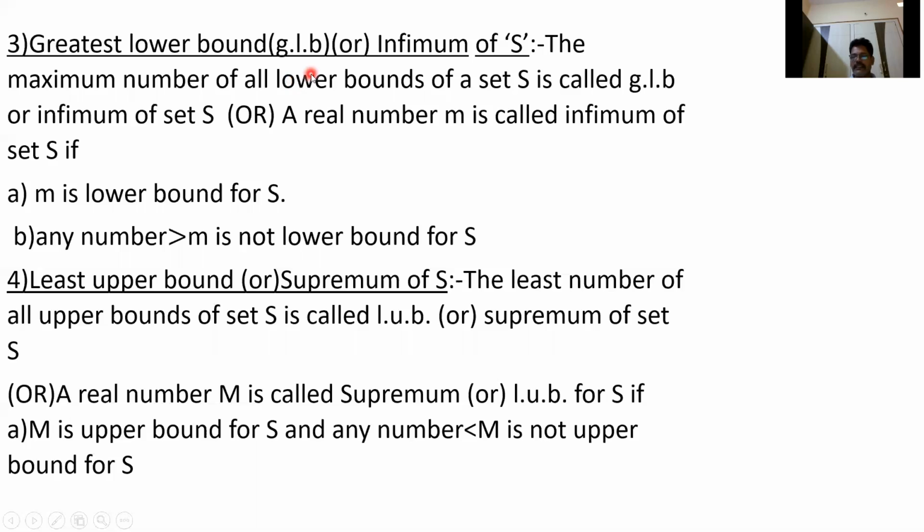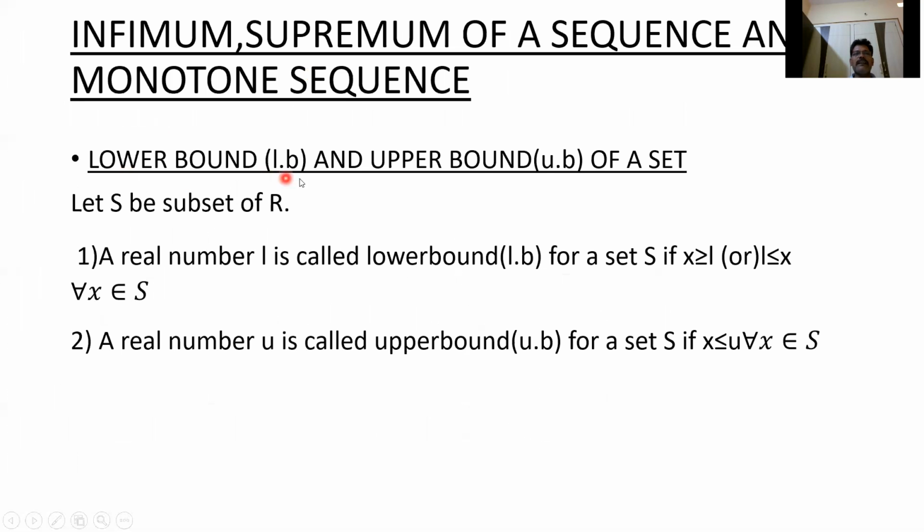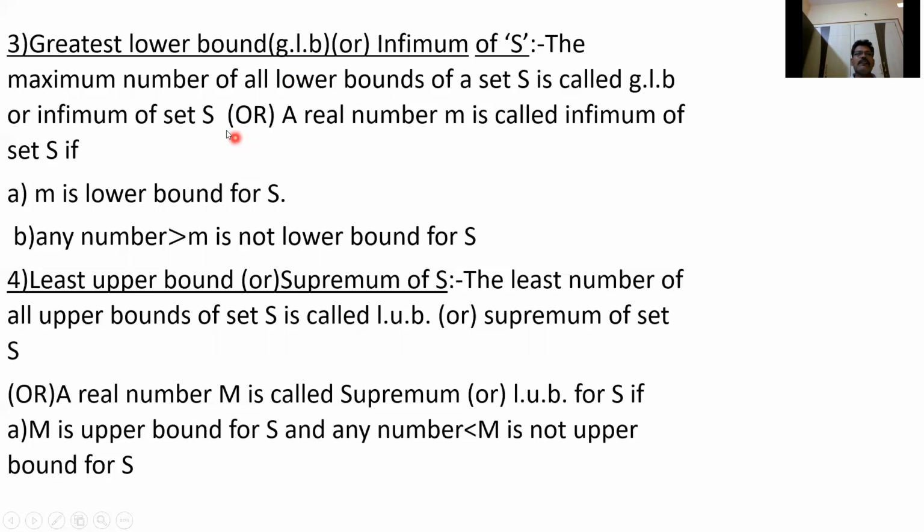Lower bound is simply LB, and upper bound is simply UB. So the greatest number of all lower bounds of a set S is called the greatest lower bound, GLB, or infimum of set S. The definition itself says the greatest or maximum number of all lower bounds of set S is called the GLB, that is, the infimum of set S.